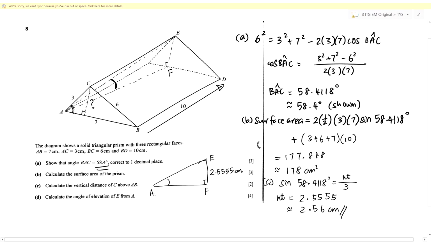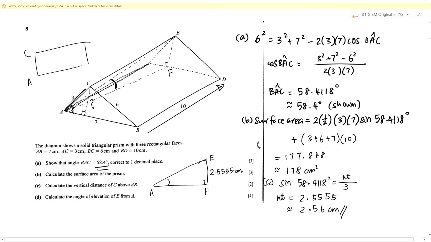Looking at the diagram, AE is easier because we already have the length of BD, which is the same as the length at the bottom. Then we also have the 3 over here. So let me draw this face over here. So that is AC.